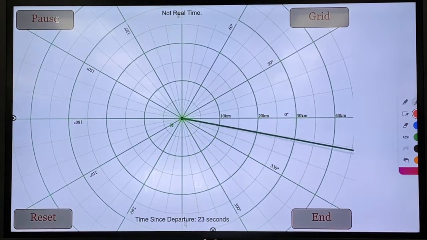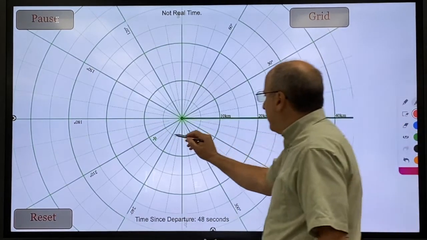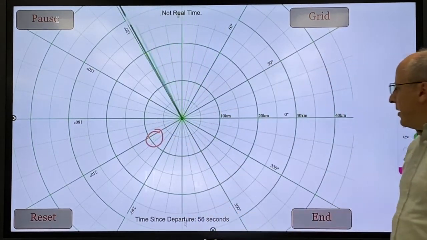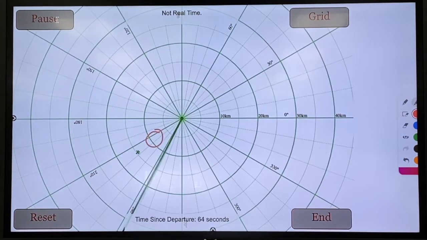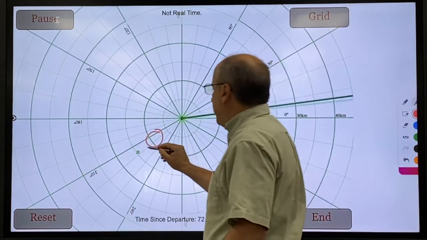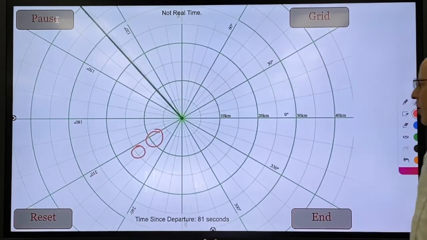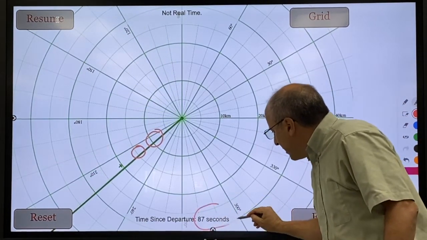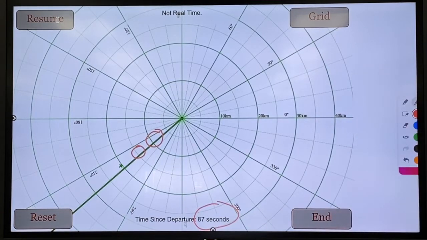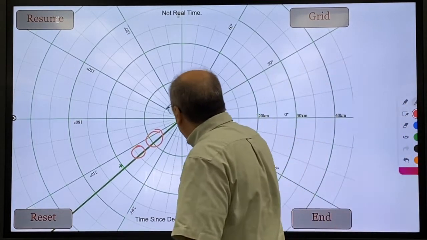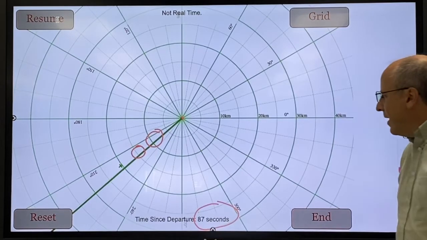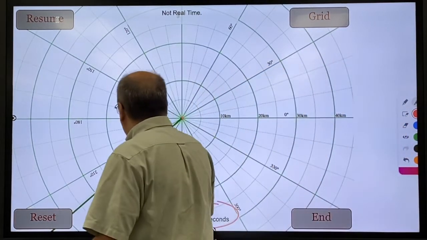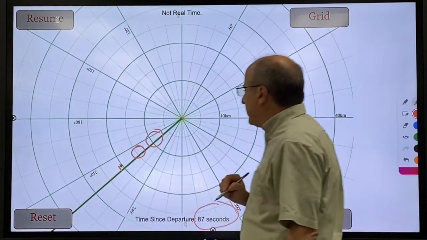You never know where it's going to be. And there it is. Just like on real radar, it will eventually fade away, and on the next sweep, it will get picked up again. Okay, let it go around a few different times. You'll see at the bottom, it tells you how much time has passed since the plane has left the airport. And you'll use that time to figure out the velocity.